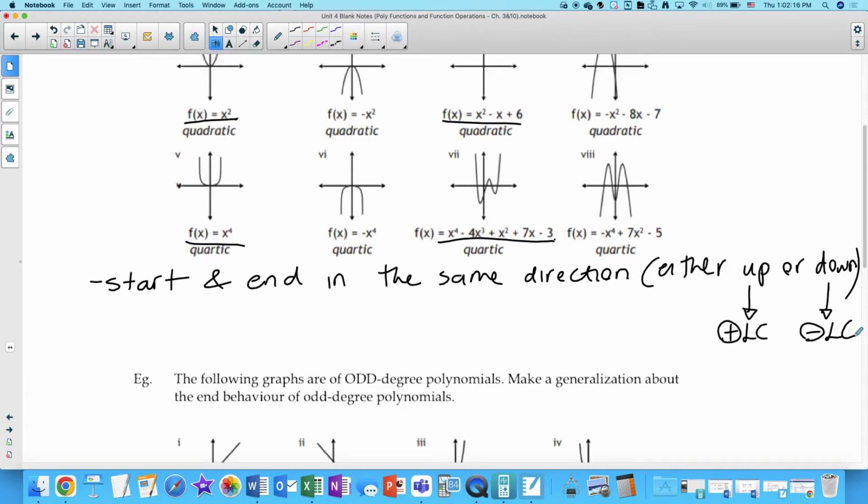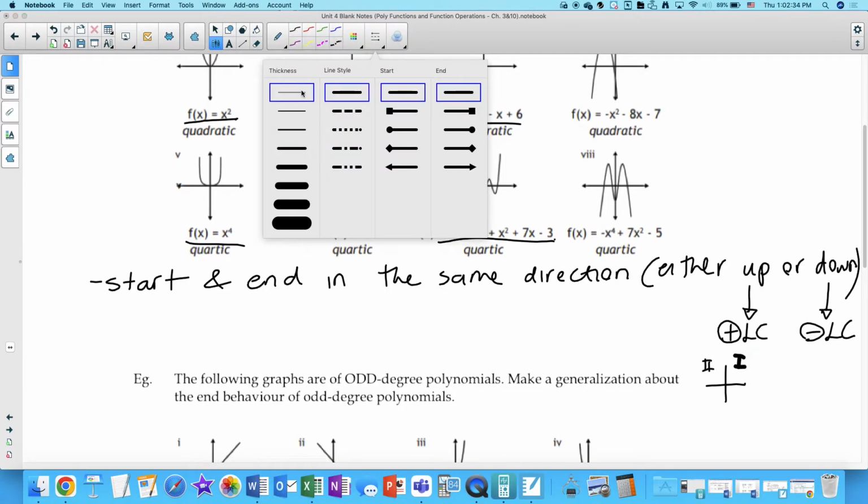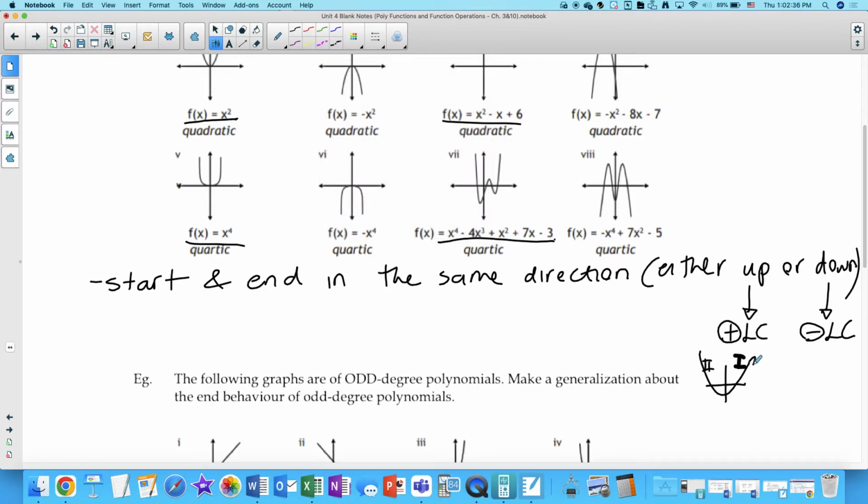Now, if it ends up, the end behavior is 2 to 1.